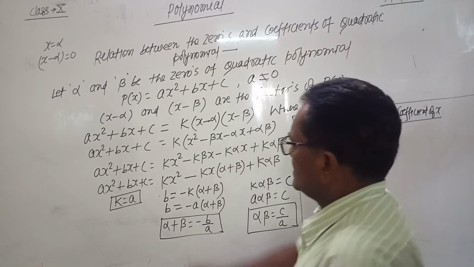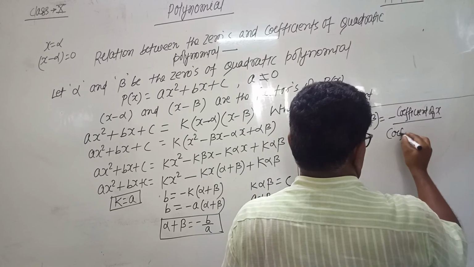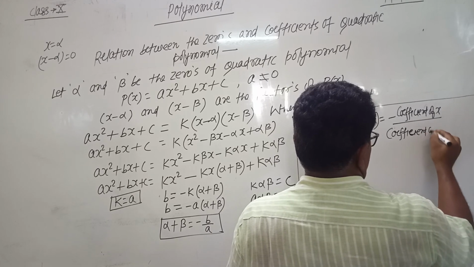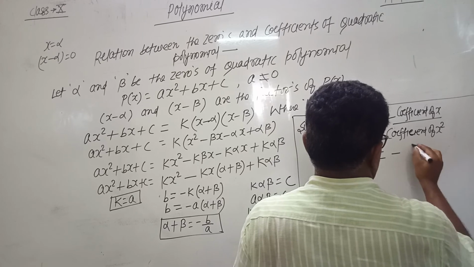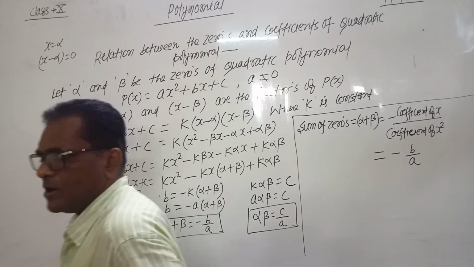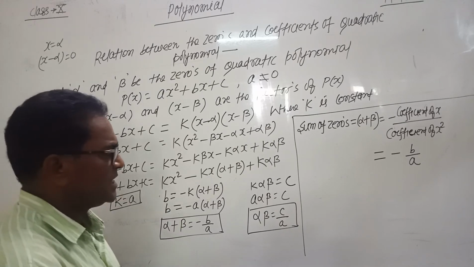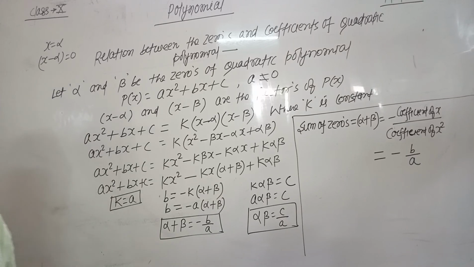What is a? a is the coefficient of x², so it is coefficient of x upon coefficient of x², and in terms this equals minus b by a. So this becomes the formula: sum of zeros, alpha plus beta, equals minus coefficient of x upon coefficient of x².